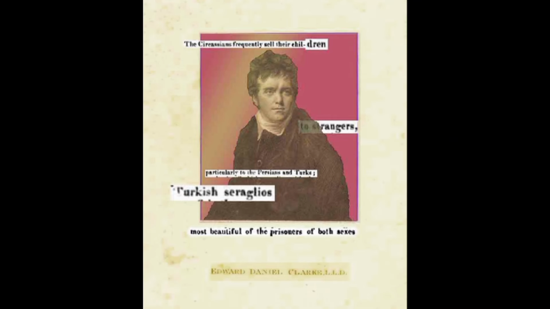Edward Daniel Clarke, our Cambridge Don, also located Circassian beauty or Caucasian beauty in the enslaved. The Circassians frequently sell their children to strangers, particularly to Persians and Turkish seraglios. The most beautiful prisoners of both sexes go there.